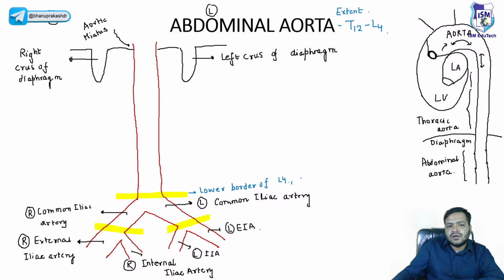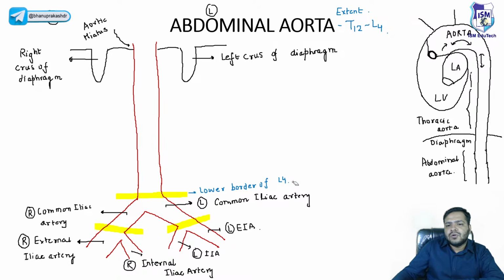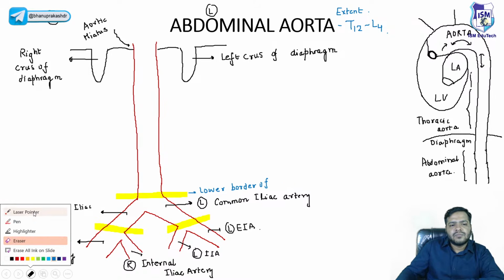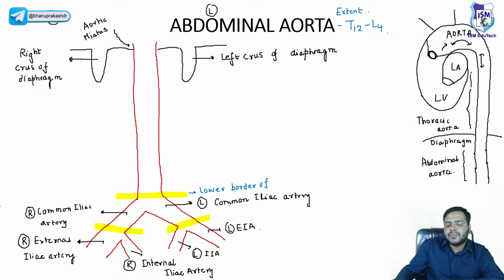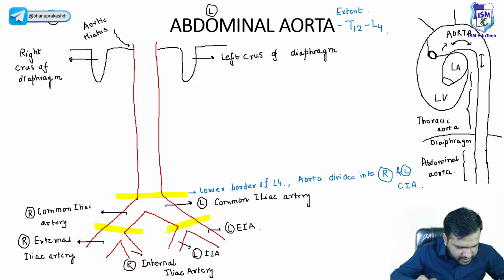Okay, the lower border of L4, right, where the aorta divides into the right and left common iliac artery. Okay, right and left common iliac artery.